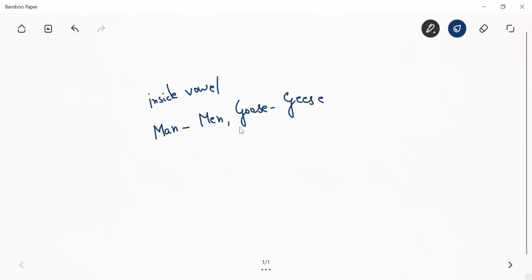Goose, geese. Then louse, lice. It is one louse, many lice. Then you have mouse, mice. Tooth, teeth.